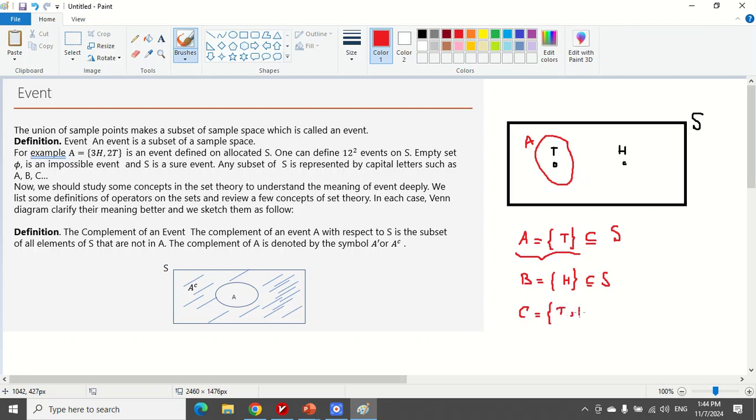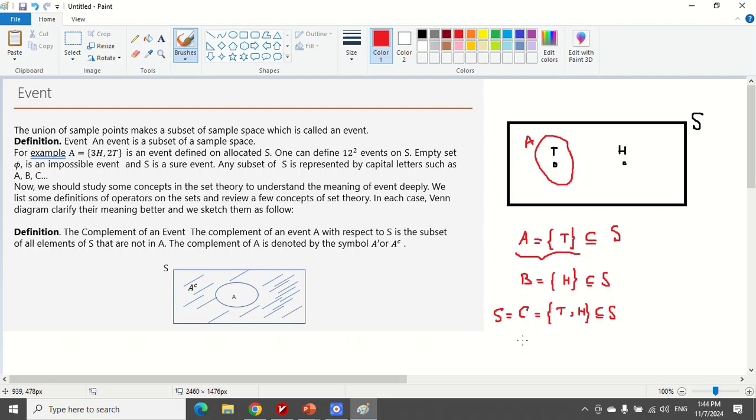This is the sure event, means that for sure this event can happen. So this T and H is a subset of S. As I said, it's the same as S, means that there is no difference between S and C. It's a sample space by itself, but still it's a subset over there.